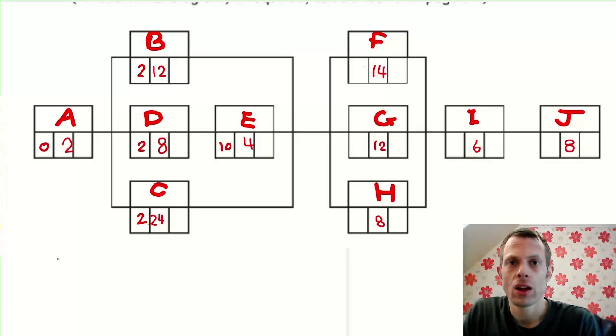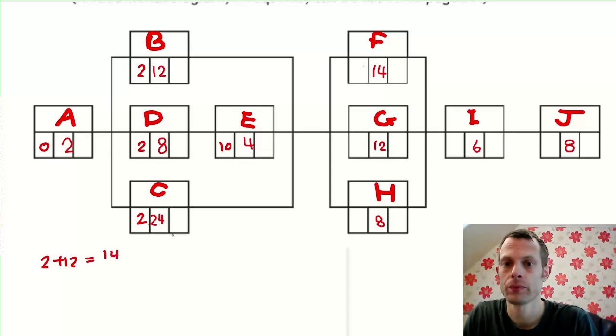To get the early times, as we call them, for tasks F, G and H, it is slightly more complicated. We have to look at tasks B, E and C and see when can they finish. Well, task B has to start at earliest at 2 hours and will take 12 hours. The task B will be finished at the earliest at 14 hours.